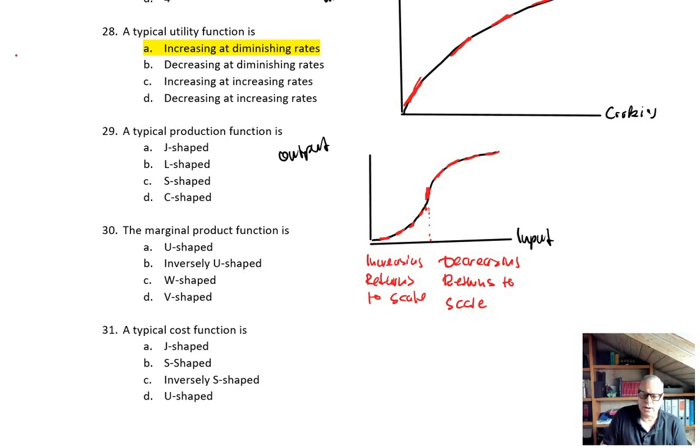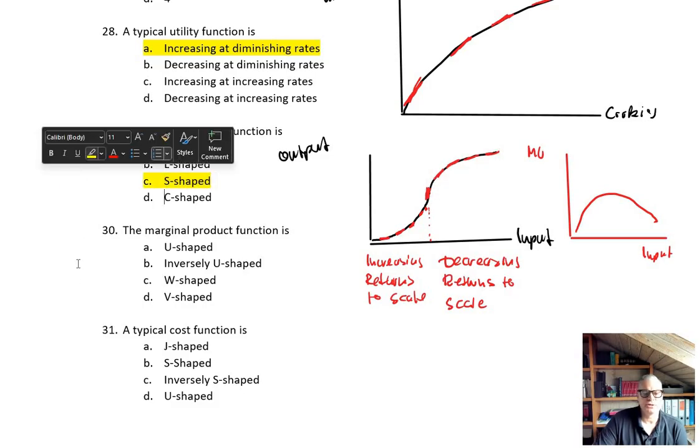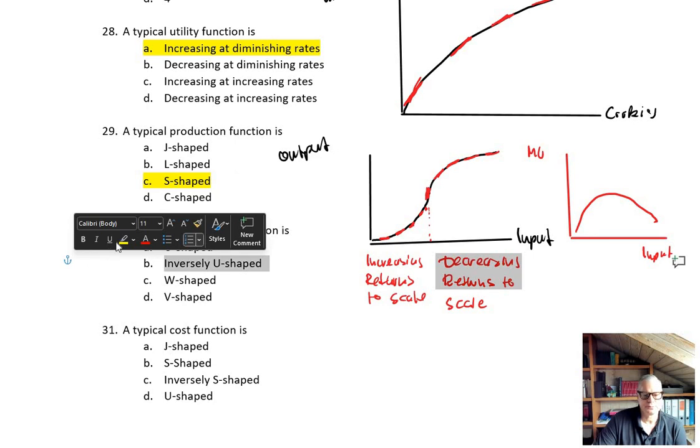So the marginal output function, input, marginal output, must look something like this, which is inversely U-shaped. So the production function is S-shaped and the marginal product function is like a flipped over U, inversely U-shaped.